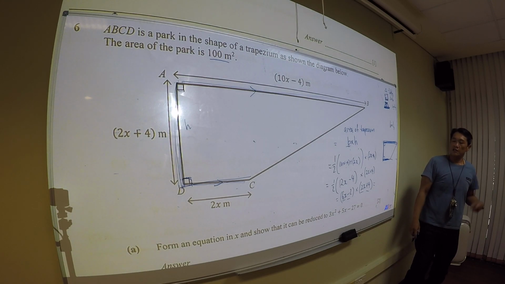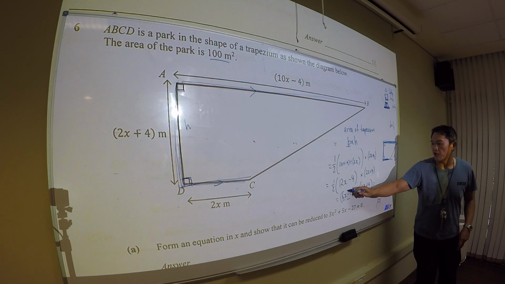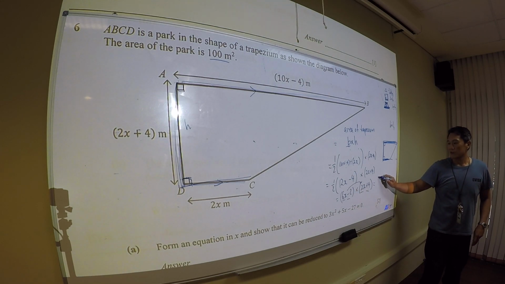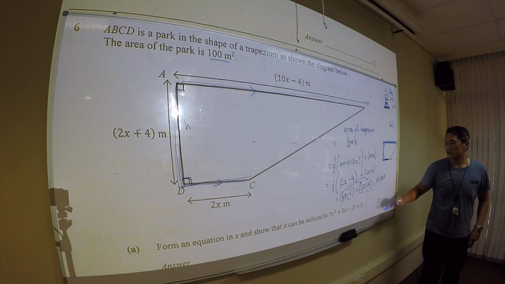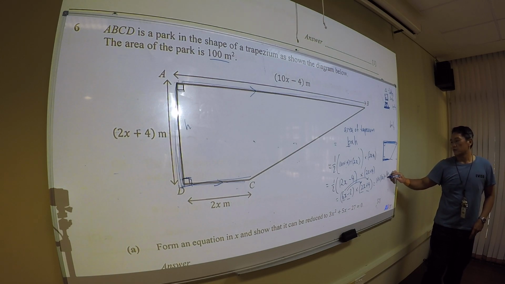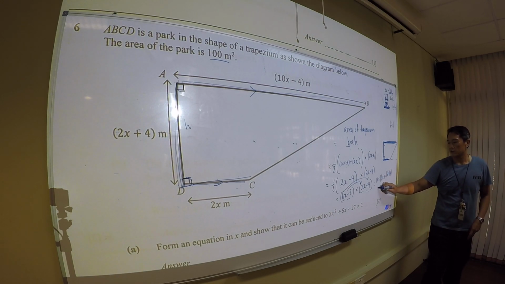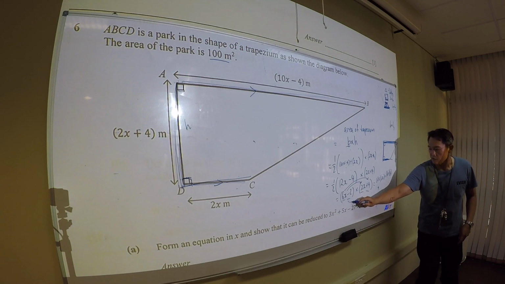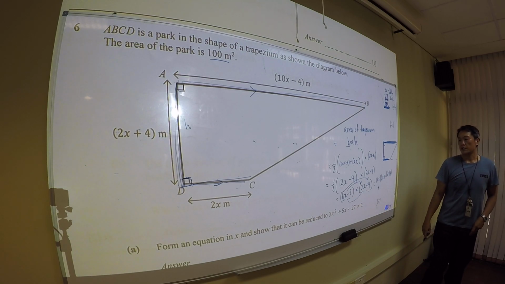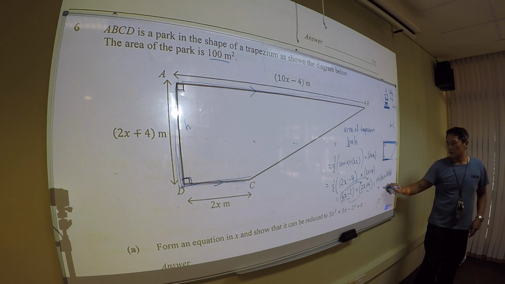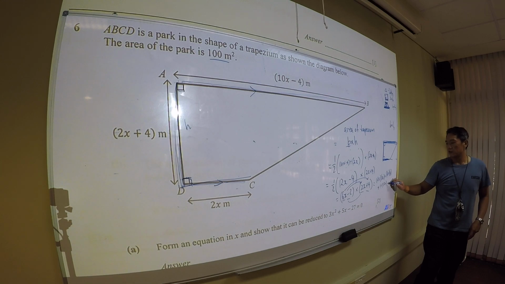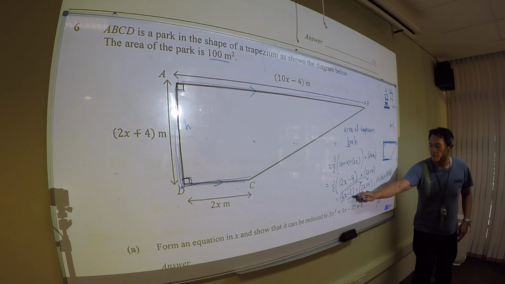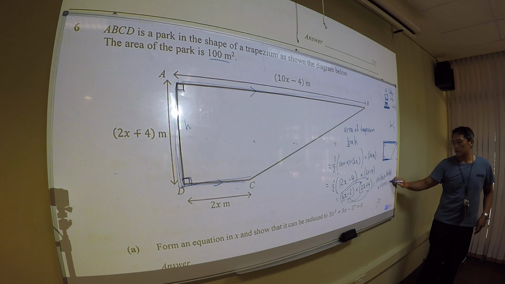So it's again using the rainbow method: front times front, 6x times 2x, plus front times back, 6x multiply 4, plus back, second term multiply first term, negative 2 multiply 2x, plus second term multiply second term.